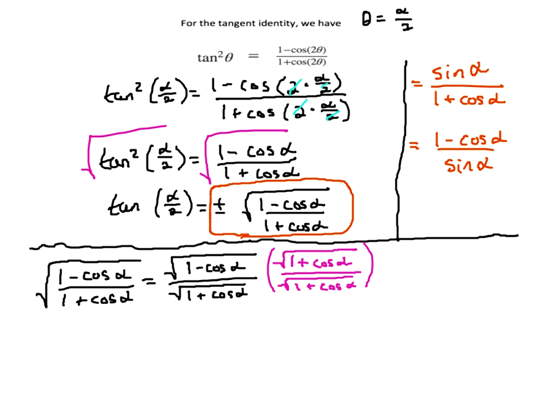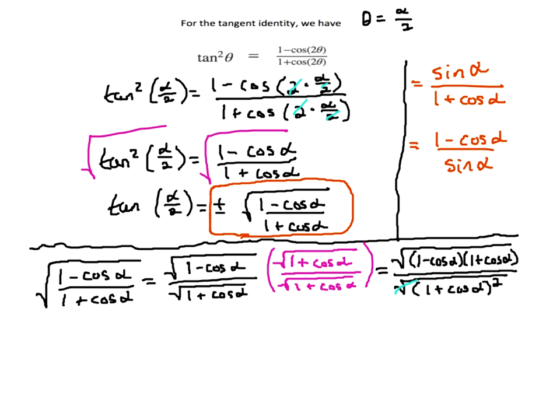And when I multiply square roots, I actually multiply what's under the root. So this is equal to the square root of (1 minus cosine alpha) times (1 plus cosine alpha). I've got a difference of squares right there. And in the denominator, I've got the square root of 1 plus cosine alpha, but that thing's squared because I'm multiplying it by itself.